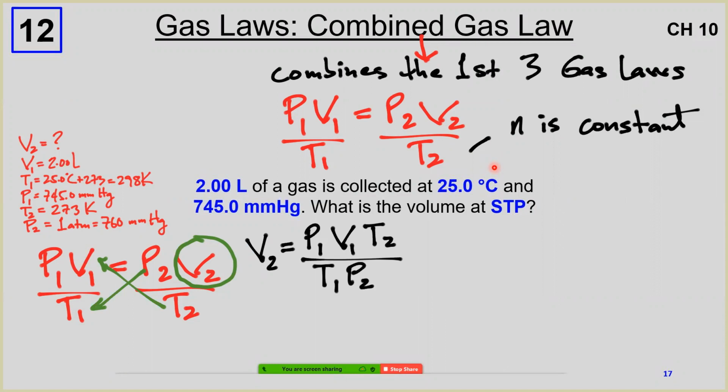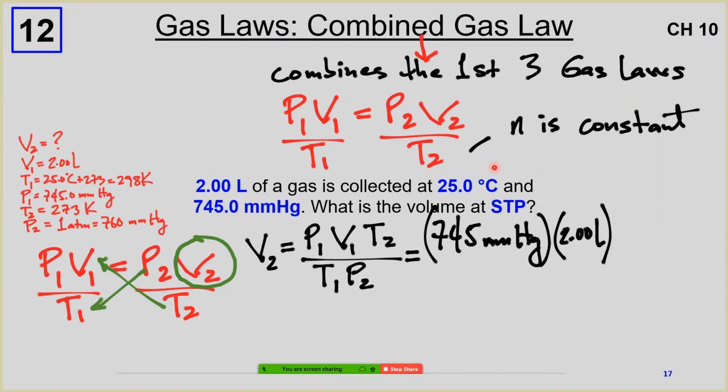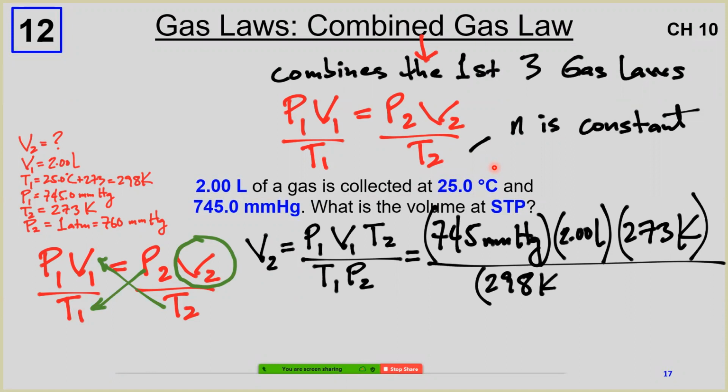All right, all you have to do now is plug in the numbers. Initial pressure is 745 millimeter mercury. Multiply this by V1, which is 2 liters. Multiply by temperature T2, which is 273 kelvins. Divide this whole thing by T1, which is 298, times P2, which is 760.